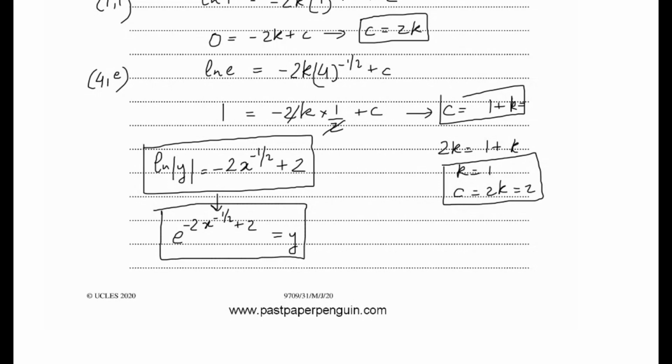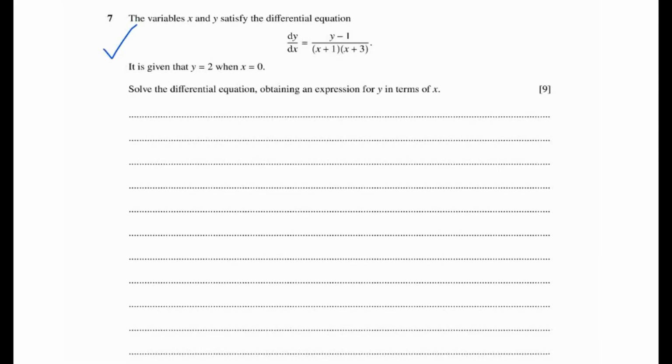You can also rewrite it as y is equal to e to the power of 2 into e to the power of negative 2 by root x. Basically, I've split up this exponent into e to the power of 2 and e to the power of negative 2 by root x, because x to the power of negative half is 1 by root x.